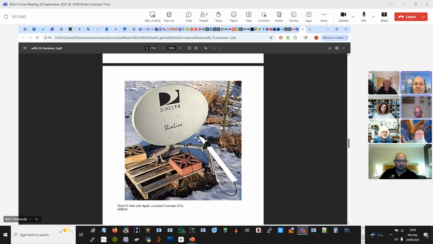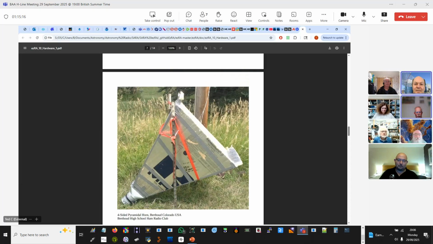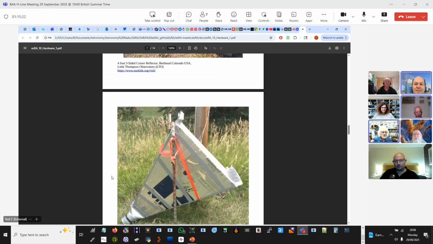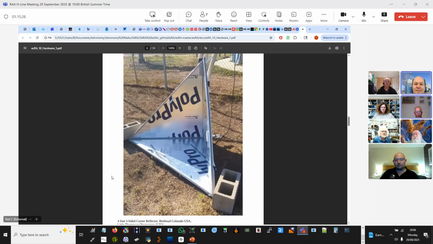That's a simple one. This is also a simple one, where you just make some kind of cone and collect the signal down into a can, and then Andy has done all kinds of things just with probes stuck into cans lately. And then you could have reflectors this way as well.